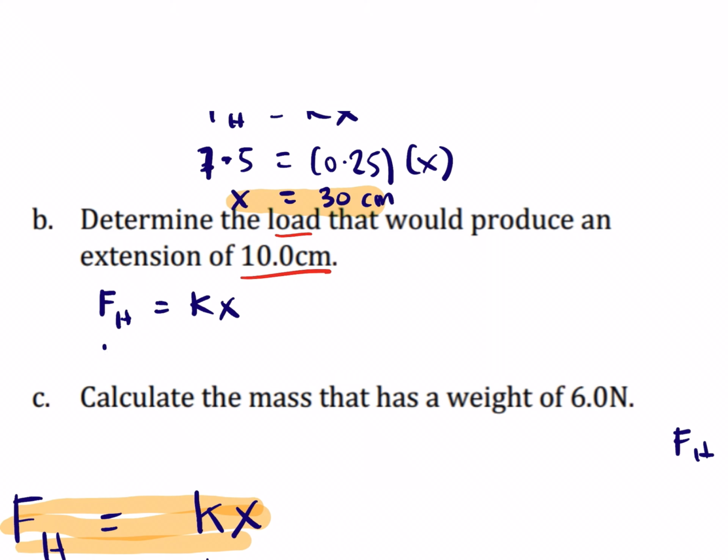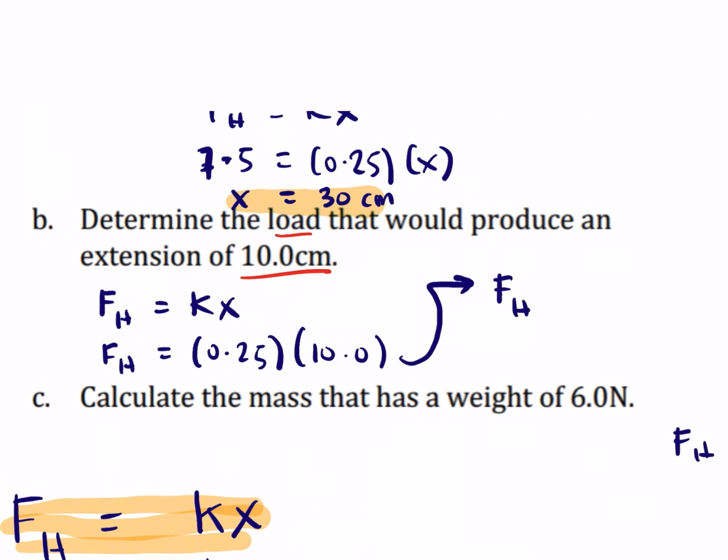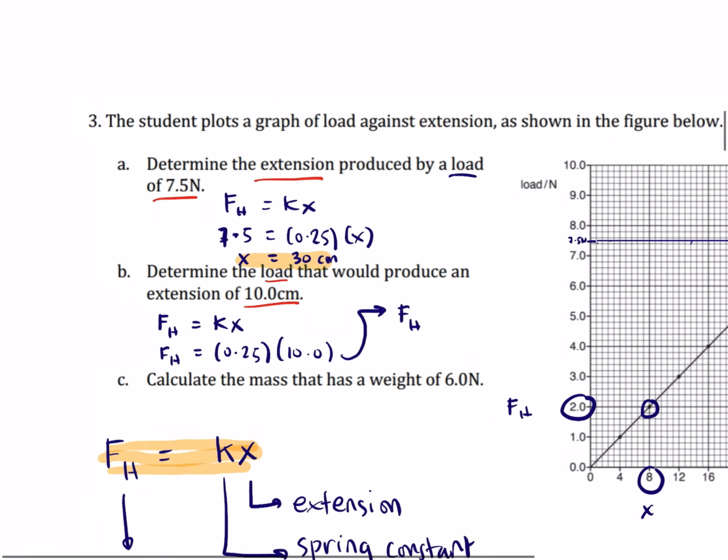So we'll have FH, that's what we need to solve for, is equal to the K, which is 0.25, multiplied by the extension of 10.0 centimeters. Plug these values in your calculator. We'll get FH is equal to 0.25 times 10. That will give us 2.5 newtons.